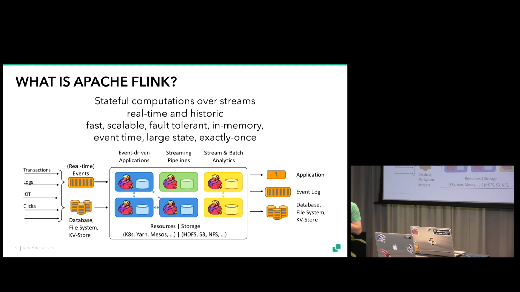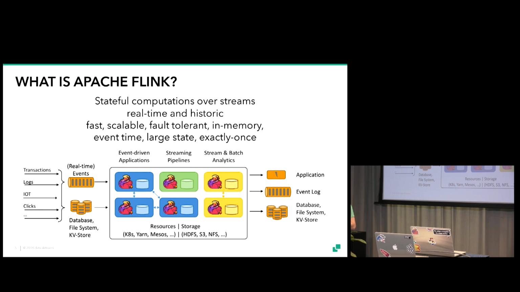So Apache Flink is all about stream processing. It covers the whole spectrum of stream processing, starting at bounded, historic streams, which you can also interpret as batch processing, going to classical stream processing like window operations, but also event-driven applications, so interacting with events as they arrive from a stream.